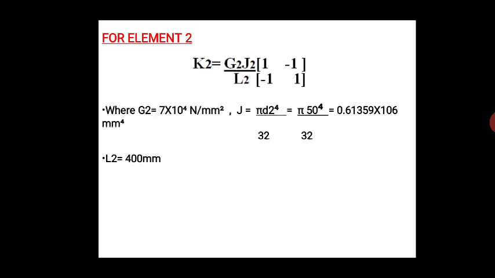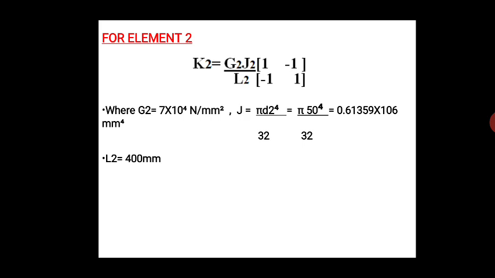for element 2, the element stiffness matrix can be written as K2 is equal to G2 J2 divided by L2 into 1 minus 1 minus 1 and 1, where G2 is equal to 7 into 10 raised 4 Newton per mm square, and J is pi d to the power of 4 divided by 32, and the value of the second rod diameter is 50 mm.